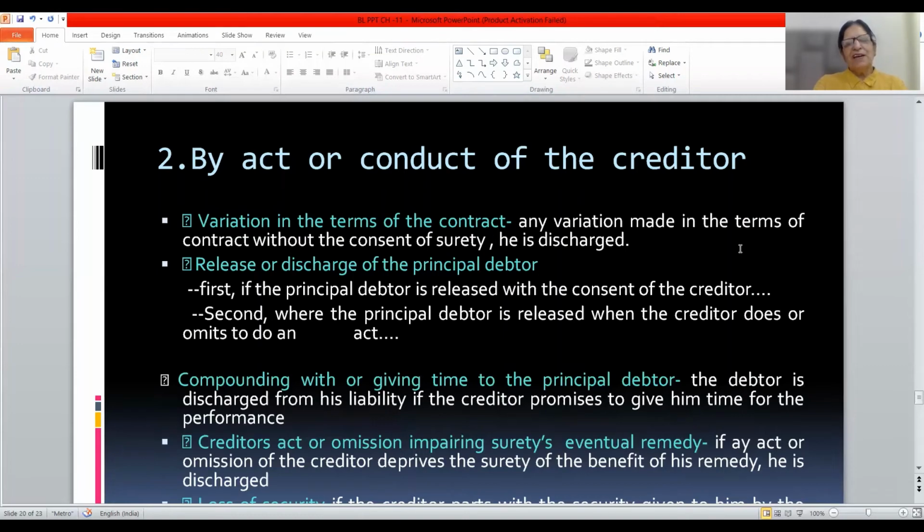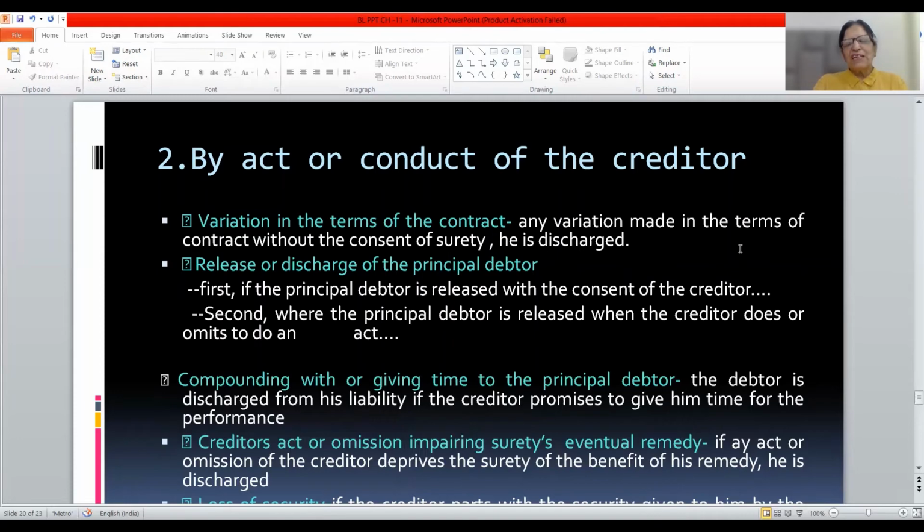See, friends, this fidelity guarantee has been given by the surety to the employer, and there was an act of dishonesty which was proved against the cashier, and employer did not inform the surety of this dishonesty. Second time it again took place, and now employer informed the surety.